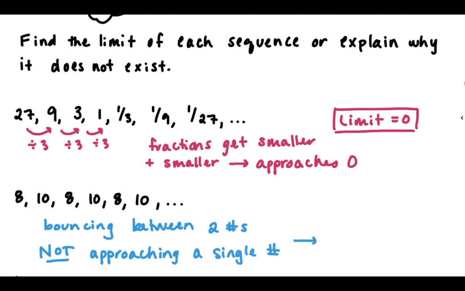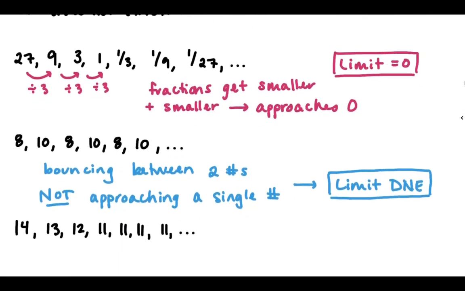That means this sequence does not have a limit, or we say the limit does not exist, DNE. Okay, that's all we have to do. And this is your explanation: not approaching a single number, because we're bouncing between 2 values.